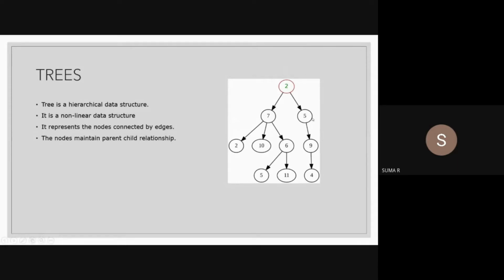For example, here 7 and 5 come under 2, which are the children of 2. And 2 is called the parent of 7 and 5. See again 2. 2 is the child of 7 and 7 is the parent of 2, 10 and 6. So here the nodes maintain a parent-child relationship.